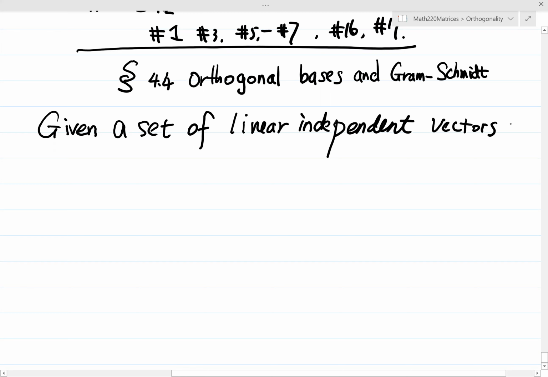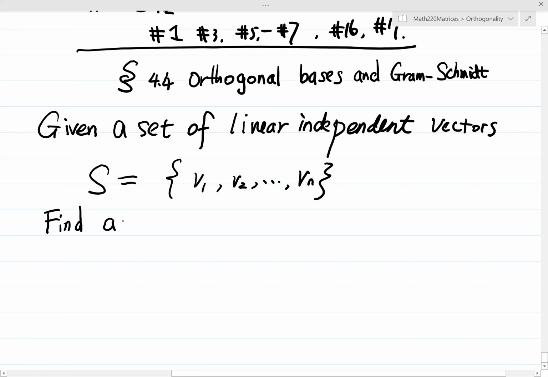Okay, let's see. The set is S. It has linearly independent vectors v1, v2, dot, dot, dot, vn. Now the goal is, how do we find an orthonormal basis?